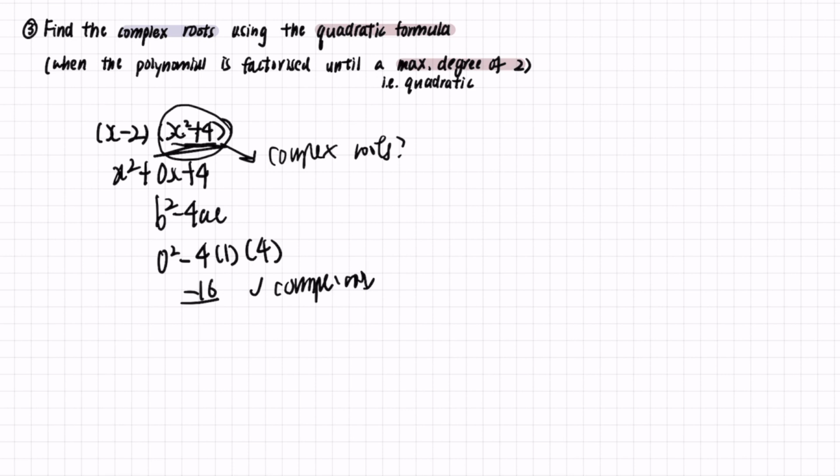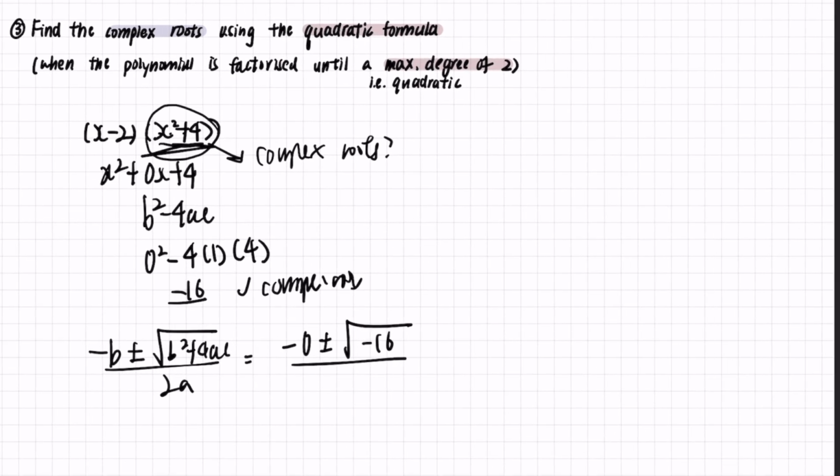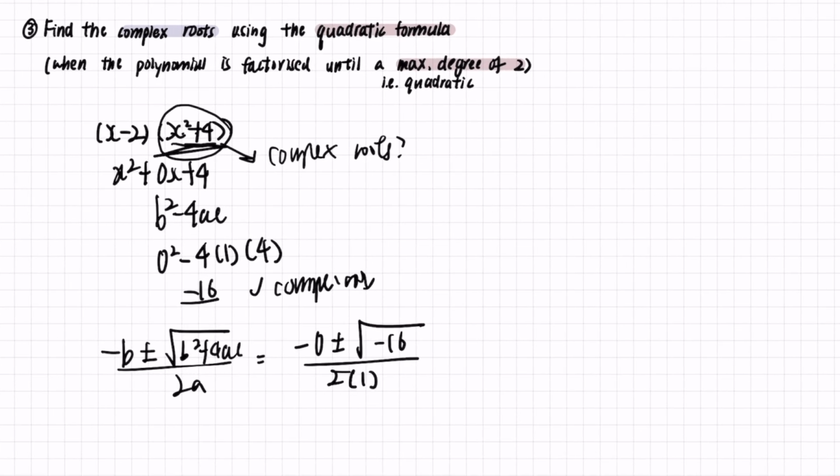Okay, so the quadratic formula is negative b plus minus the square root of b squared minus 4ac, over 2a, equals negative plus minus the square root of 16, over 2a. This gives you plus minus 4i over 2, which is plus minus 2i.